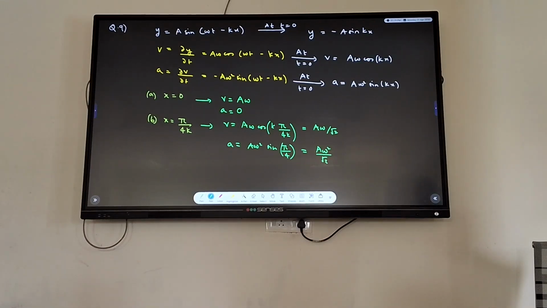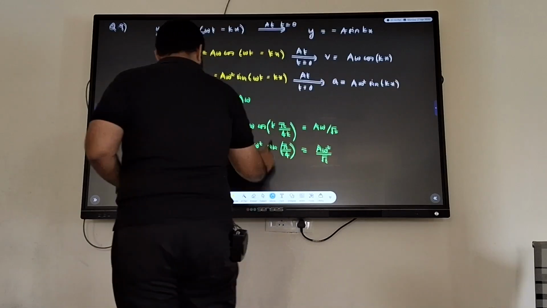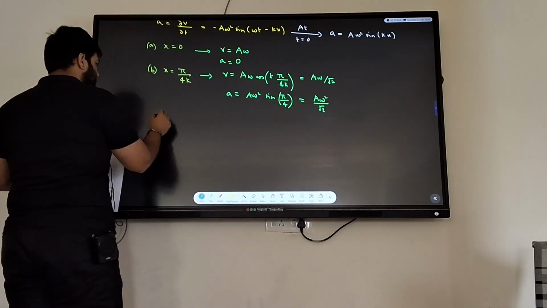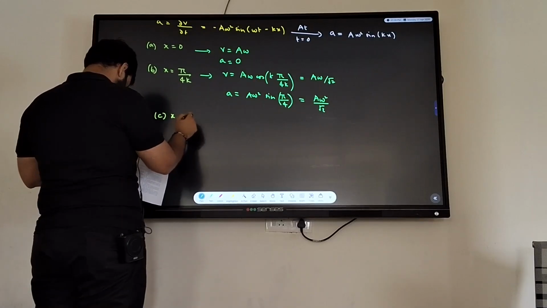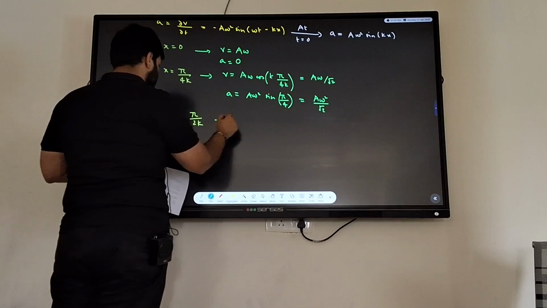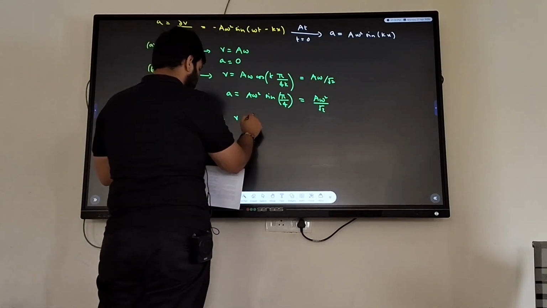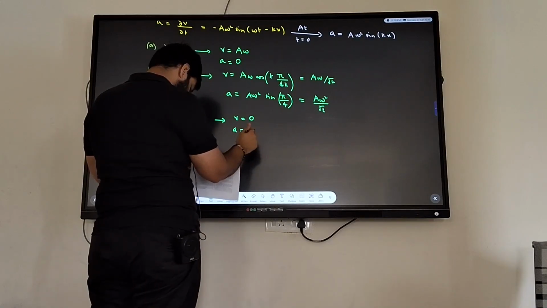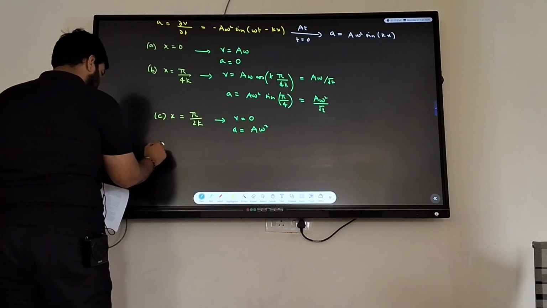Can I just write the answers and can you check whether the answers are correct? So C part I think at x equal to pi by 2k, you are getting v as 0 and a is equal to a omega square, and D में क्या है?